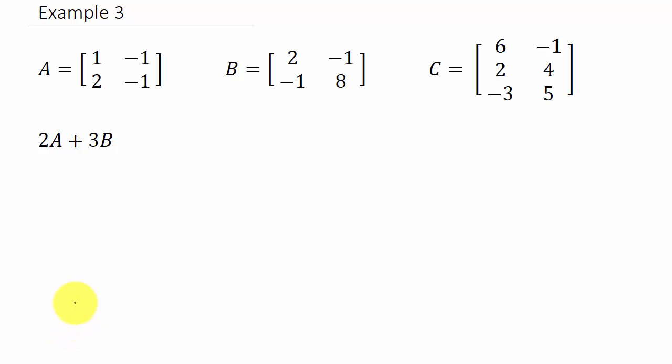Alright, so how about this one? We've got 2A plus 3B.